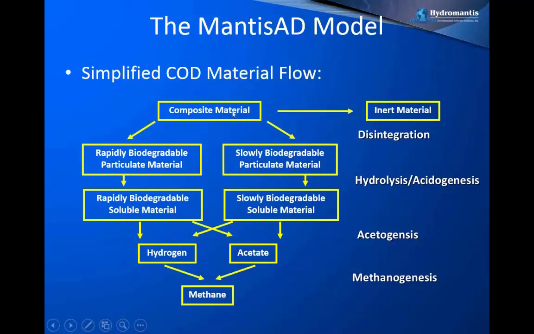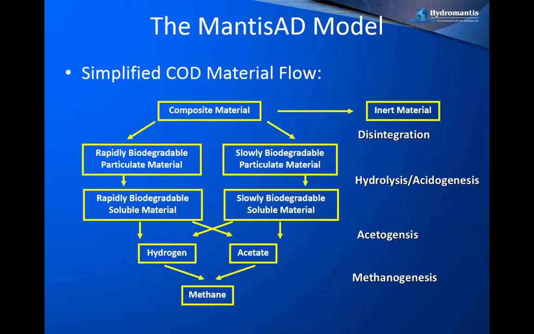And this material gets disintegrated and converted into these two classes of materials here, and each one of them then gets hydrolyzed and acidified and converted into slowly biodegradable soluble material and rapidly biodegradable soluble material. And both of these materials then go through the phase of acetogenesis, producing acetate and hydrogen, and ultimately leading to methane formation.